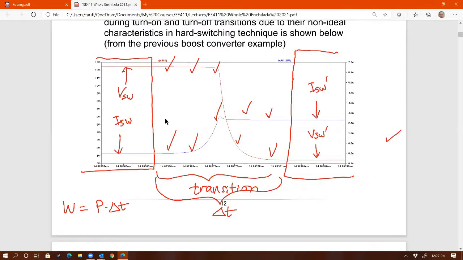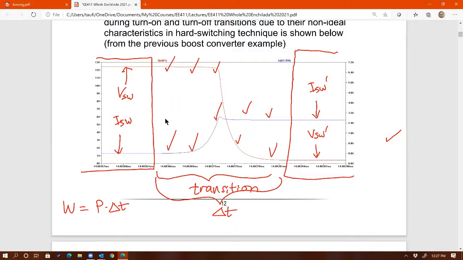This energy is not energy that is being used by our load, because this converter has a load. And so this power, because of the overlapping, produces energy over time, of course, over delta t. And this energy, unfortunately, is not being used by the load.